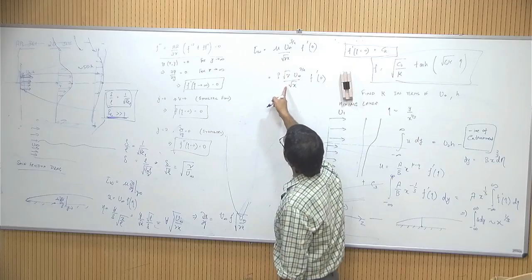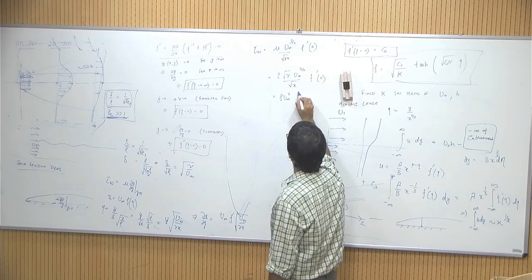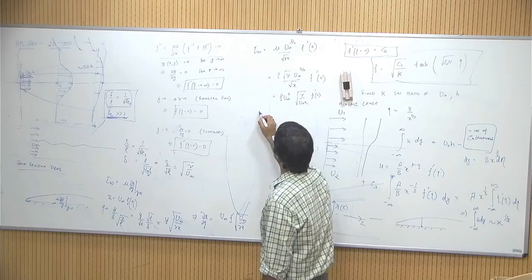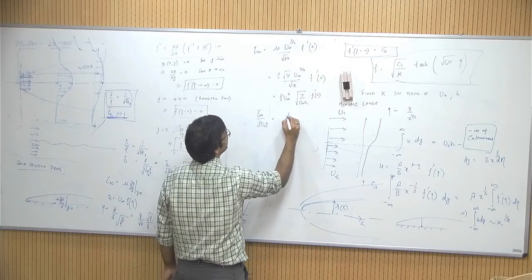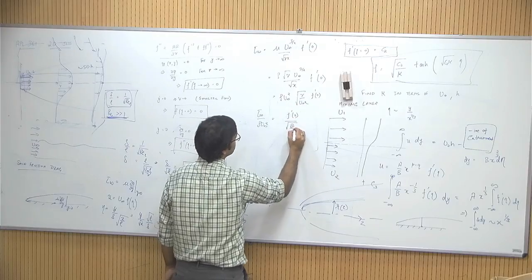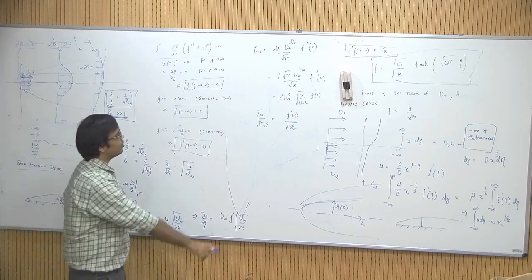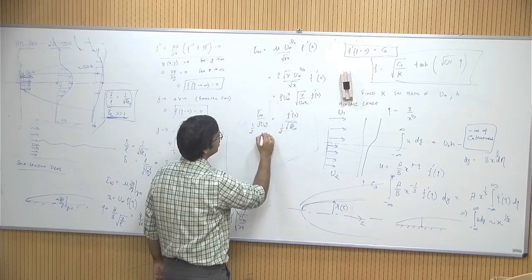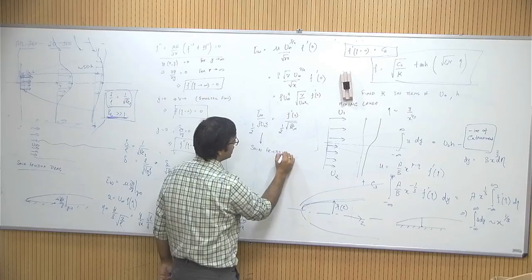I can multiply and divide by square root of u infinity, and this means tau w over rho u infinity square is f prime 0 over square root of Re_x. And this quantity tau w by rho u infinity square, technically with a half, is called the skin friction coefficient. It's a dimensionless quantity.